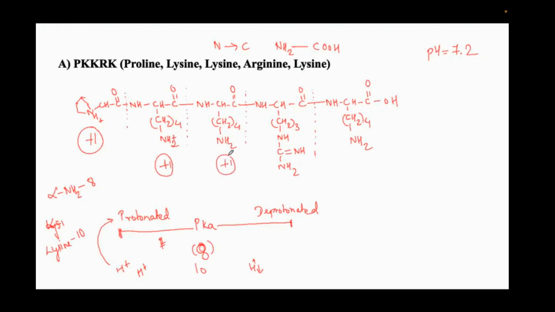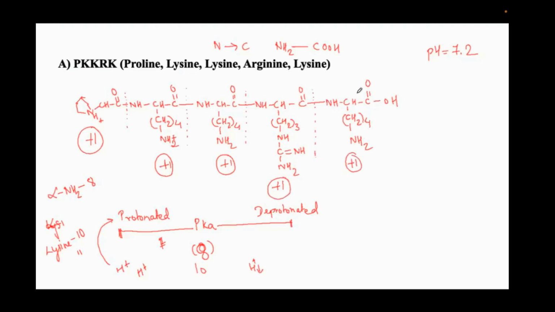Similarly, +1 charge. Arginine also has a pKa value similar to lysine, around 11 or 12. So this will also be protonated. Finally, the last amino acid is also lysine. So it will also be protonated.